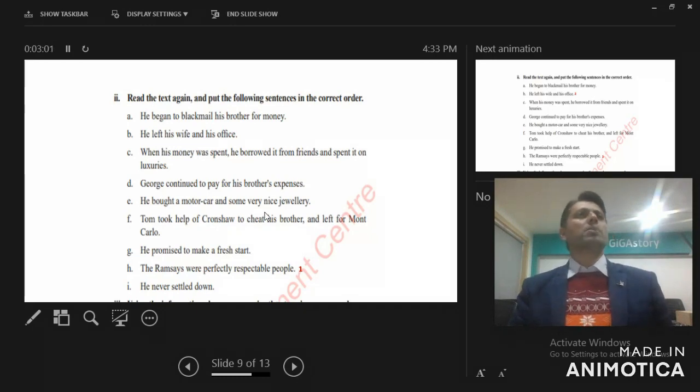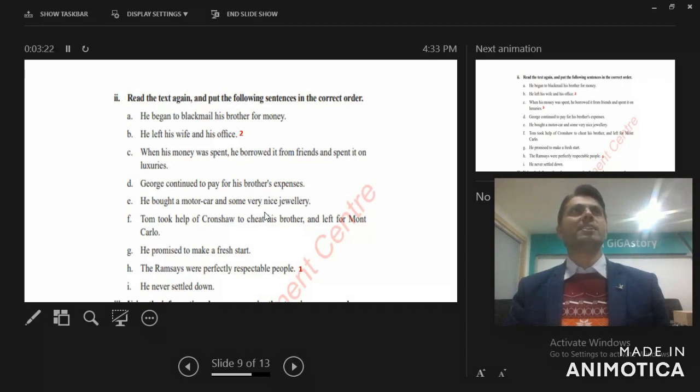Now, what sentence comes in second position? Let's have a look at the screen. Yes, number two: he left his wife and his office. Got it?